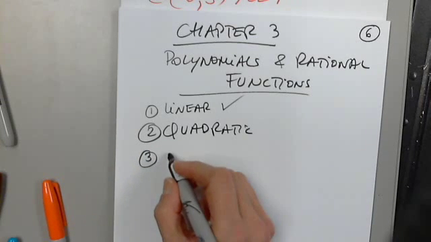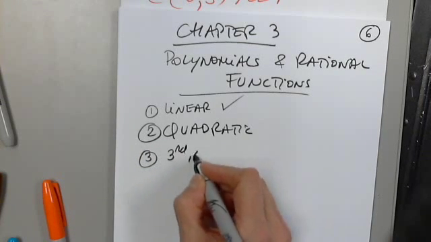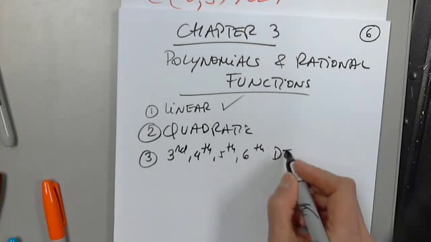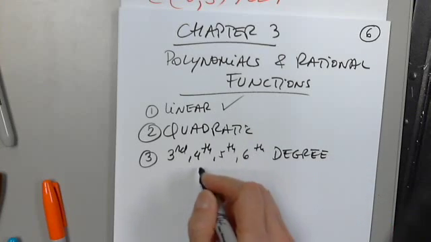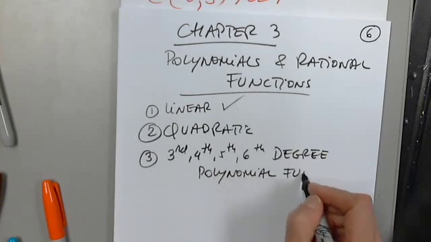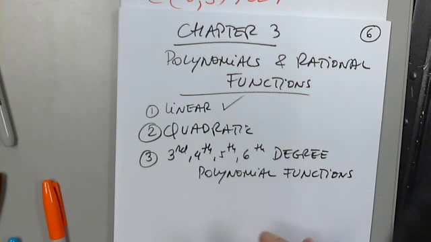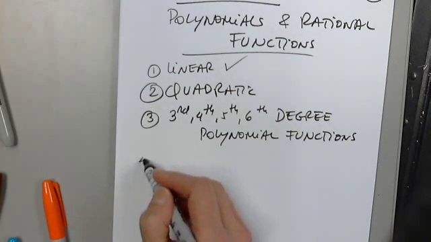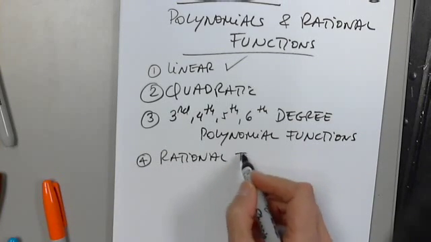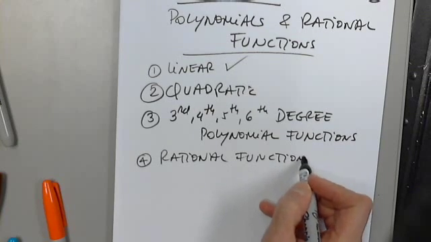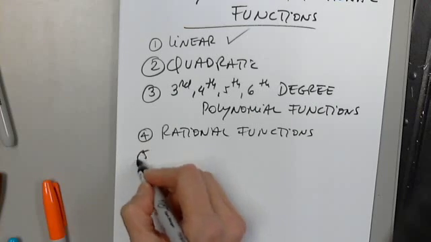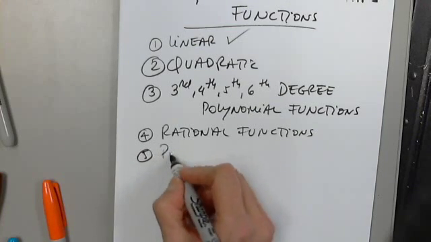Number 3, third, fourth, fifth, sixth degree polynomial functions. Number 4, rational functions. And the last item is polynomial and rational inequalities.